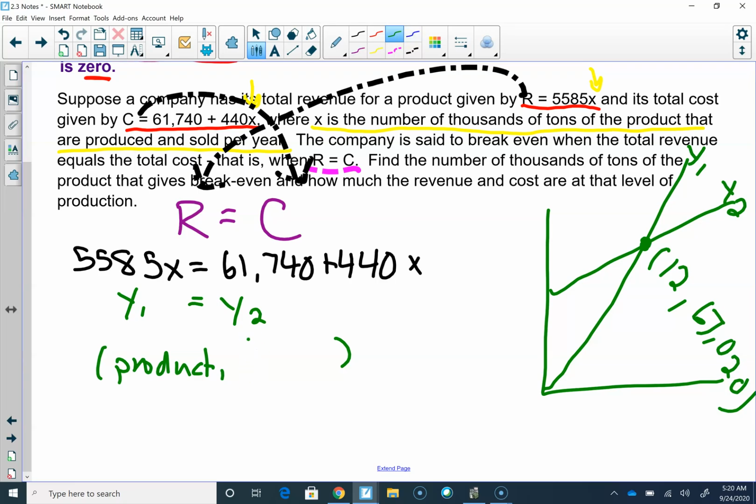This is going to be my cost and revenue. Because if you notice, when you plug in your X here and here, it's going to kick out your revenue and your cost, and that should be the same number, which it is, 67,020. So if I was going to explain this, find the number of thousands of tons of product that gives a break even, this is what I'm going to write.